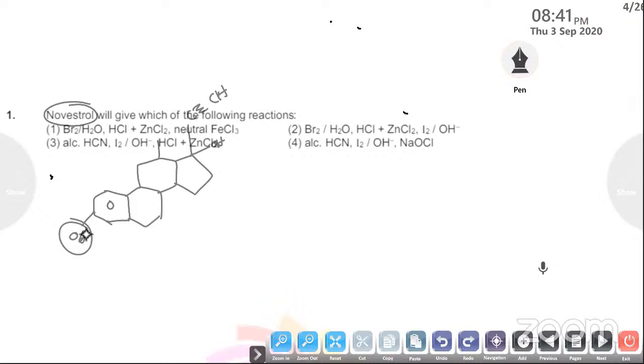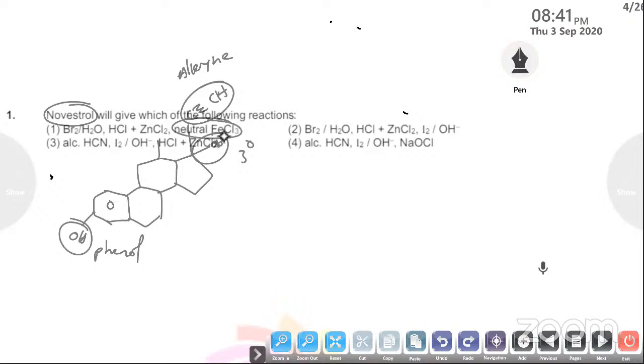So we have OH, it is a phenolic group. And here we have a tertiary alcohol. And here we have an alkyne. You know, the phenolic group can be tested by neutral ferric chloride.